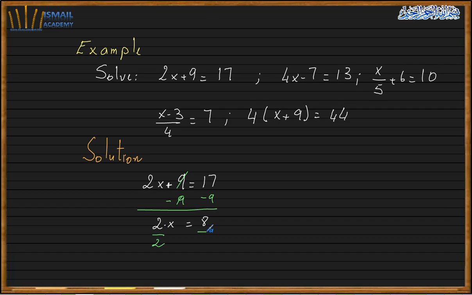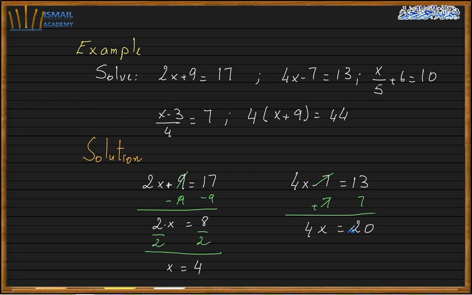For the second one, we have 4x plus 1 equal to 13. What do I have? I still have an addition here because those two are independent, so I will subtract. This will cancel out because it becomes 0. What's left is 4x equals 20.